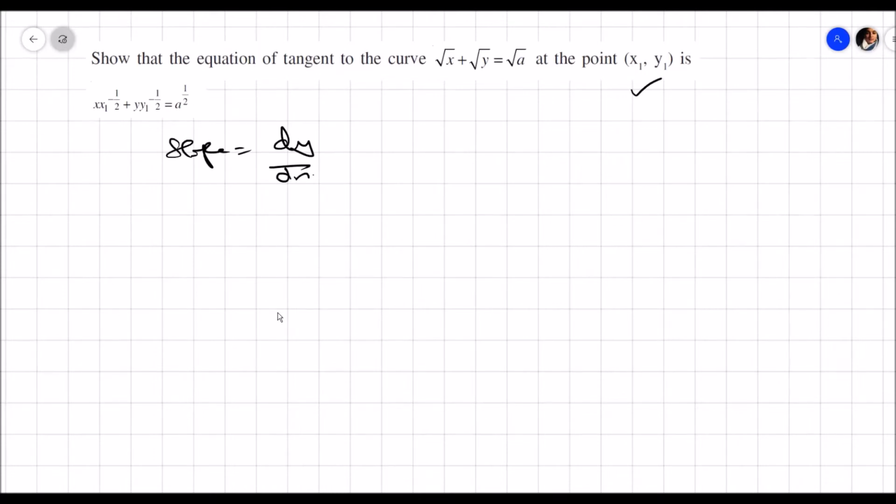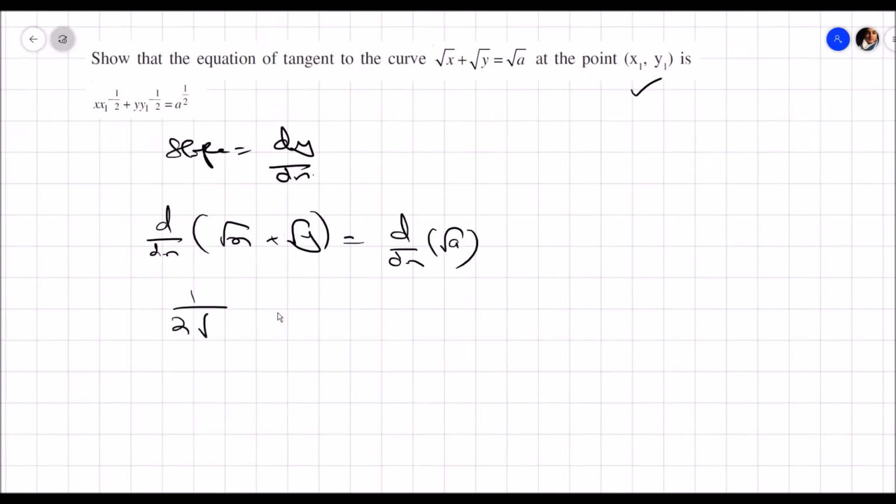Let's do it here. Root x plus root y is equal to root a. So first I will be differentiating on both sides. So d by dx of root x plus root y is equal to d by dx of root a, which of course is anyway a constant, right? So now derivative of root x is 1 by 2 root x, right? Derivative of root y is 1 by 2 root y dy by dx. Derivative of this is 0. So 2 gets cancelled.